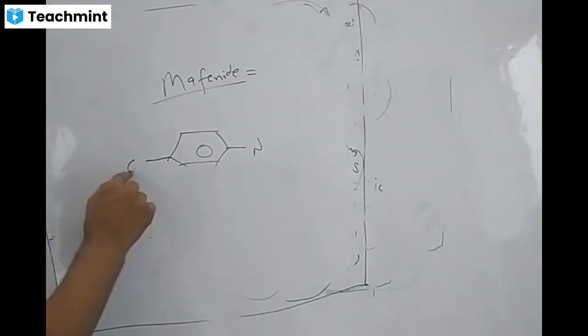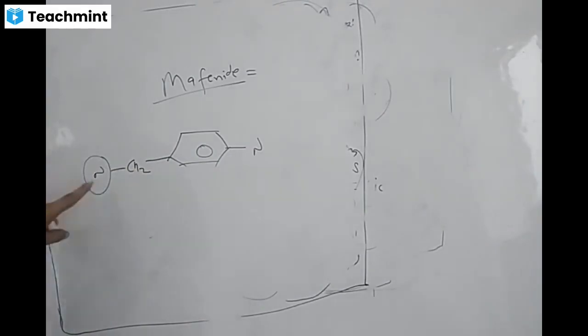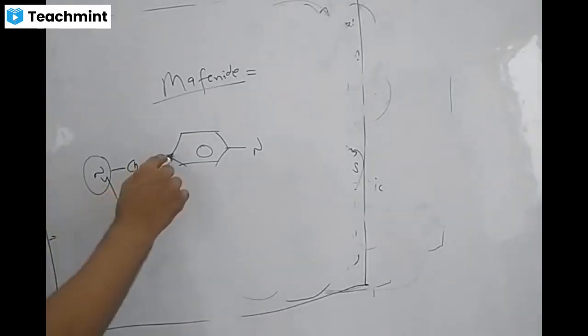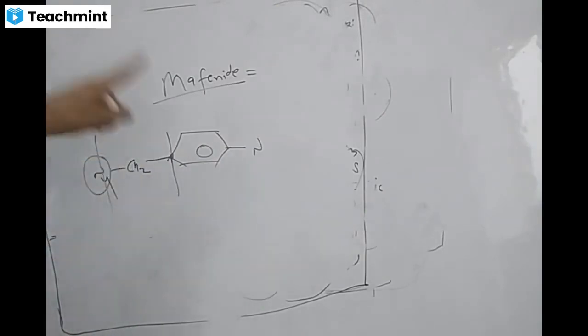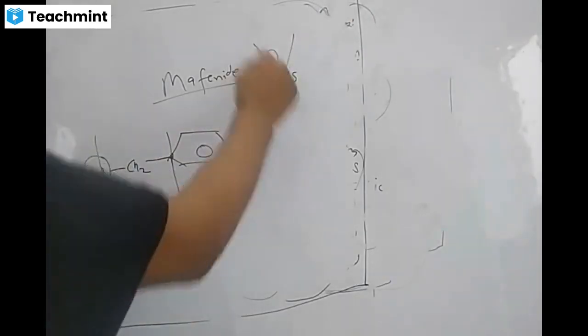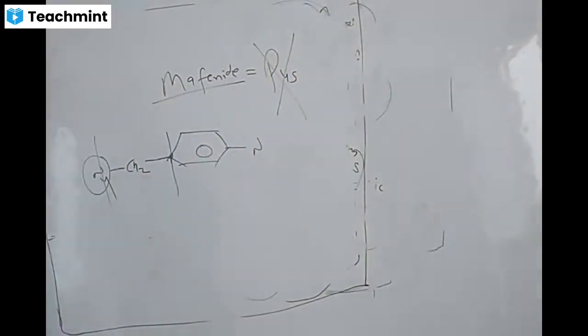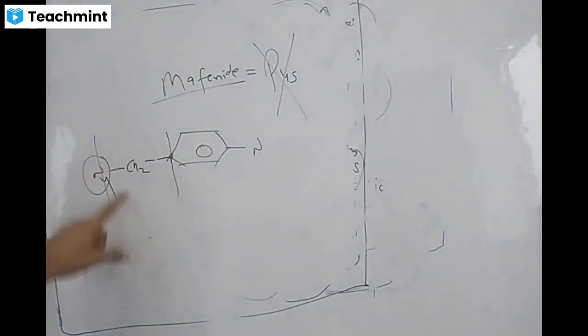But there is one methyl group between the N4 and the ring. In between the two, there is one methyl group. So this is not a true sulfonamide. Because of that, it is also not inactivated by the presence of pus. So it is not a true one because of the presence of this methyl group.